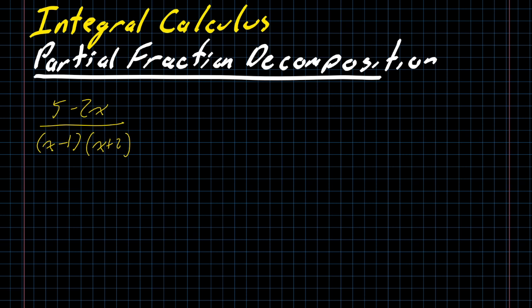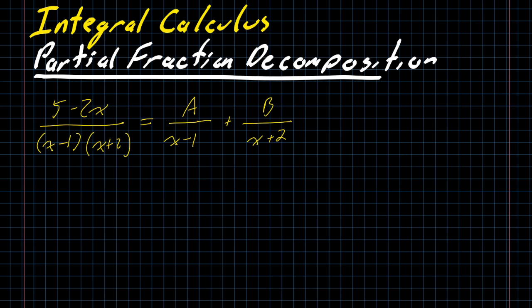It turns out that when you have a fraction like this, it is always going to be possible to decompose the fraction into a sum of simpler fractions, where each factor from the denominator is on its own the denominator of one of the simpler fractions. In the numerator, we will have something simpler still.